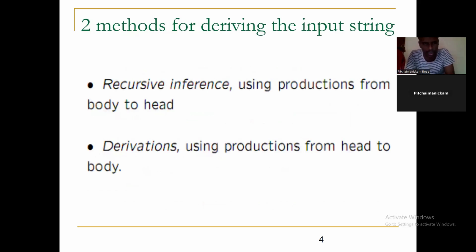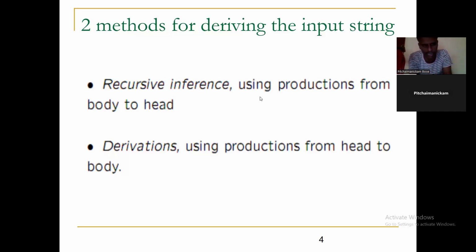Next, what are the two methods for deriving the input string? We use two different methods: one is recursive inference, and the other is derivation. Recursive inference is used to derive the input string W by using the productions from body to head.